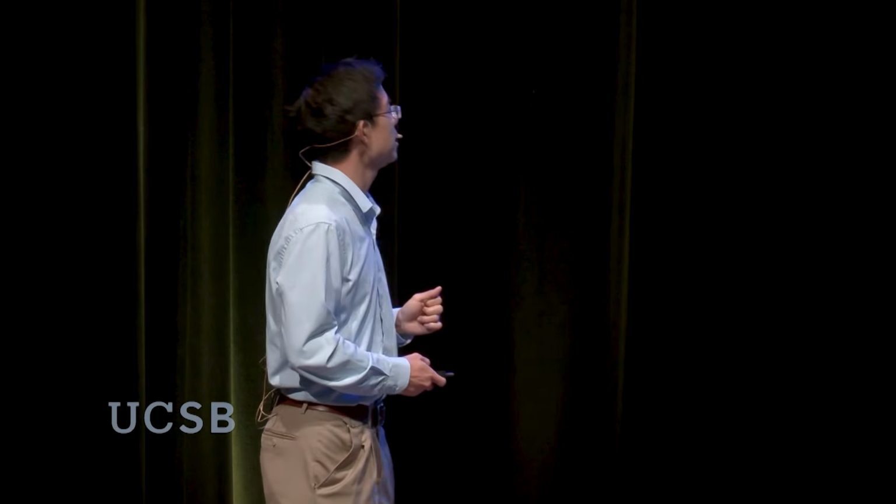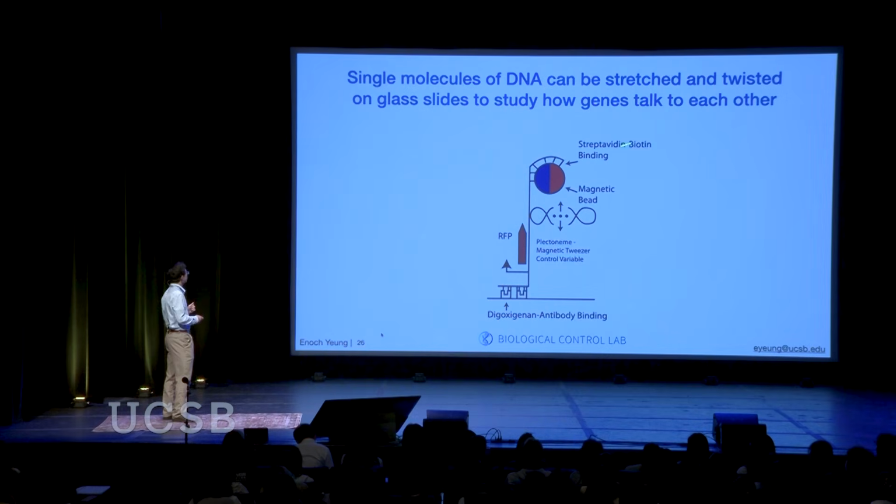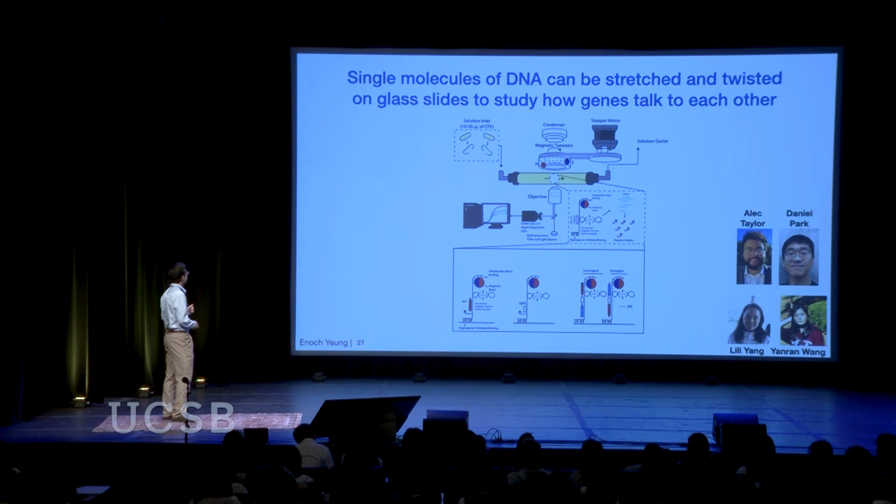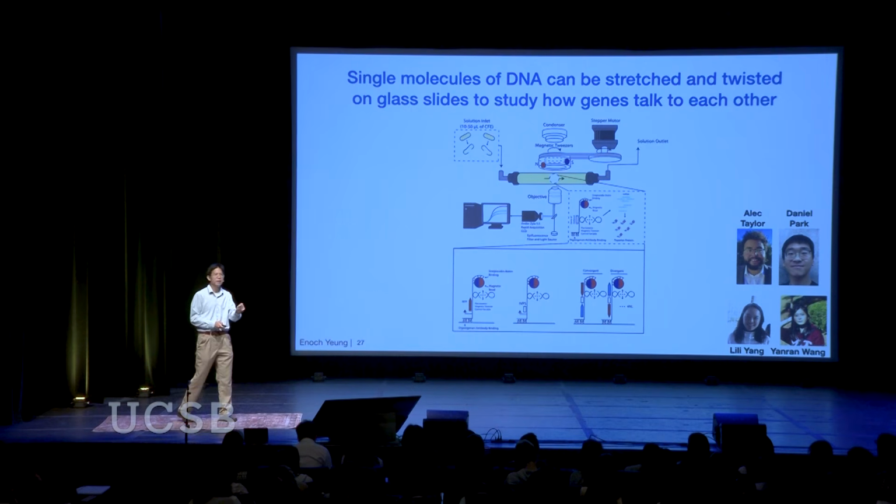And what you do is then you can put a magnetic field around this whole setup. So here's a diagram that might show what we're doing. You can see here you can form a magnetic field, and as you do so, you can introduce artificially a certain degree of twist in individual DNA molecules. And I kid you not, we have had high school students playing with magnets in our lab, controlling individual DNA molecules tethered to glass.